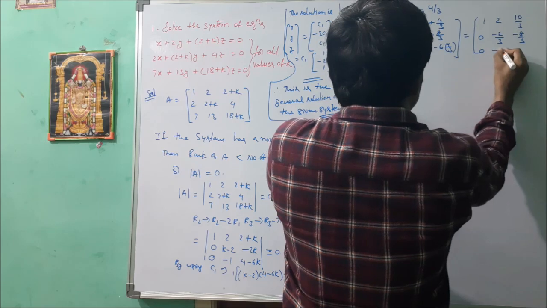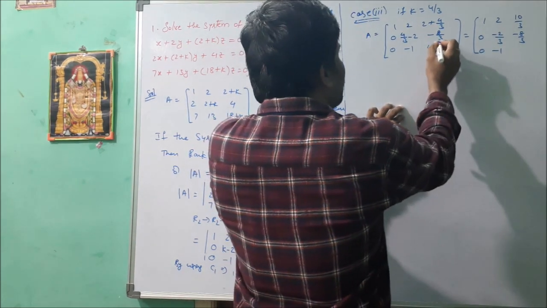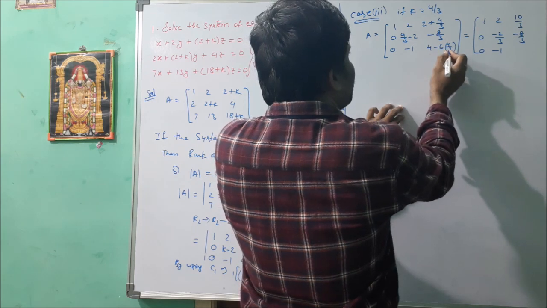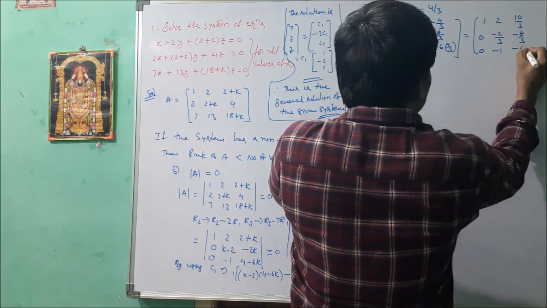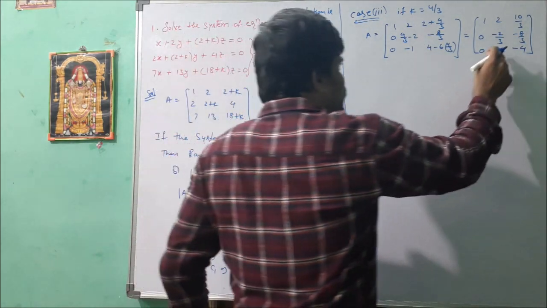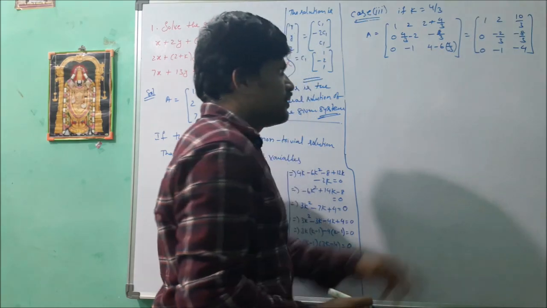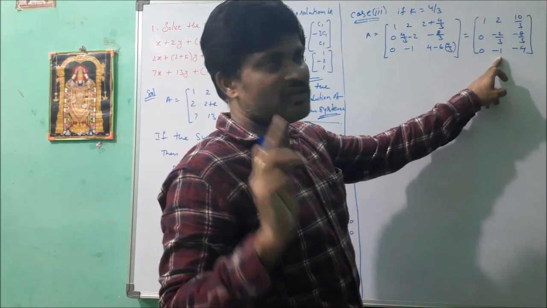This is 0, this is minus 1. Here 6 is divided by 3, that equals 2, 2 into 4 is 8, 4 minus 8, that is minus 4. Now here we observe the second element of the third row can be converted to 0.